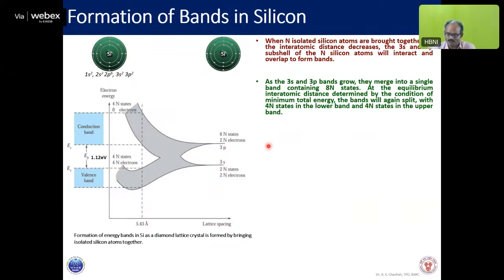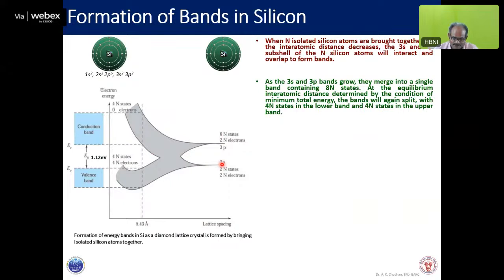When we bring them together, they start interacting and overlap to form a band. At this distance, their interaction starts and then the splitting takes place.